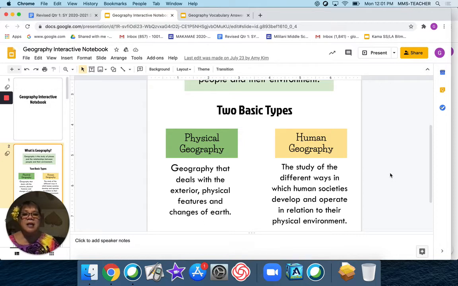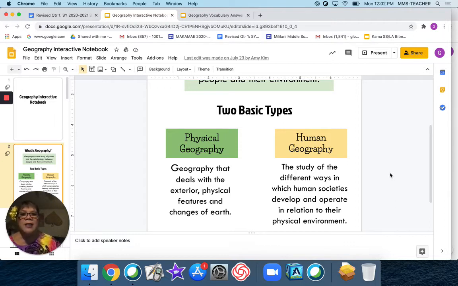The second type is human geography, the study of the different ways in which human societies develop and operate in relation to their physical environment. Now, as I went over this with you, it is in your Geography Interactive Notebook.